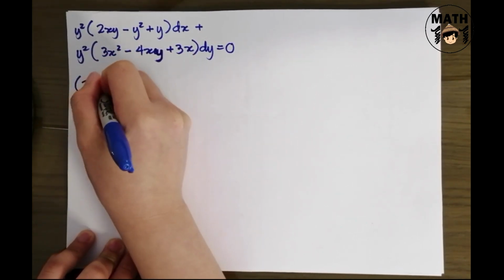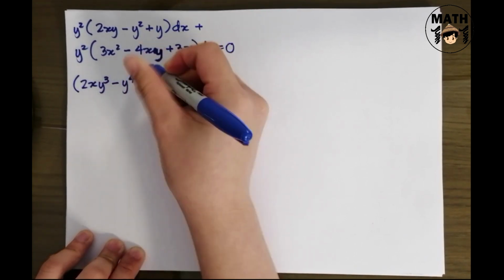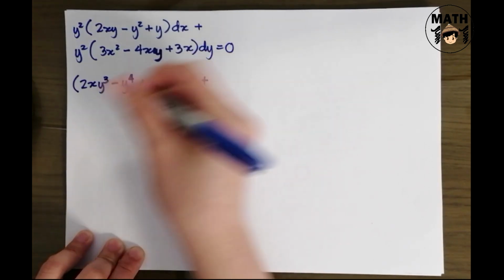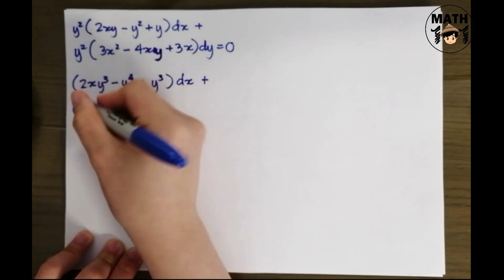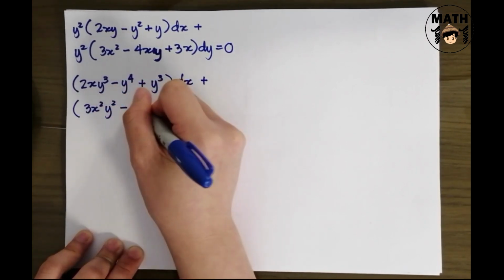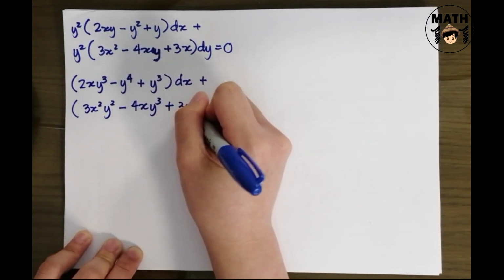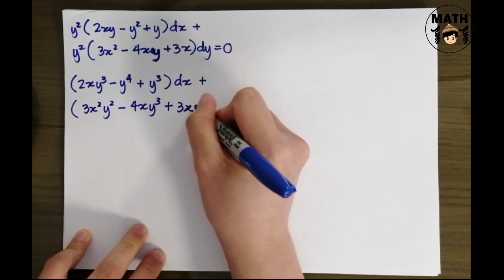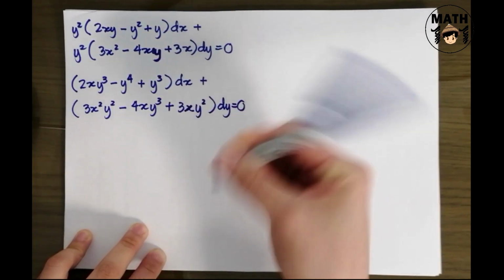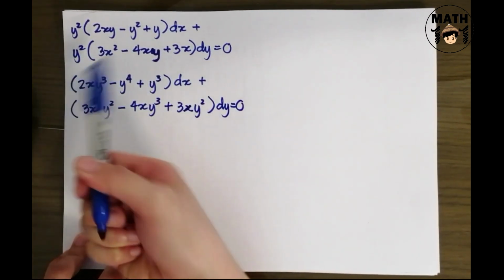We'll get 2xy cubed minus y to the fourth plus y cubed dx plus, for the second term, 3x squared y squared minus 4xy cubed plus 3xy squared dy equals 0. Dahil na-multiply na natin yung integrating factor, we now expect this to be exact.